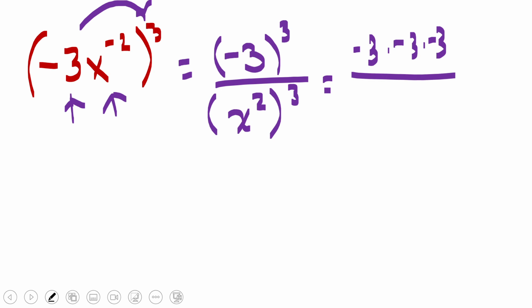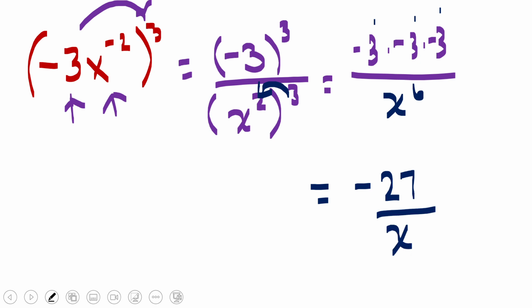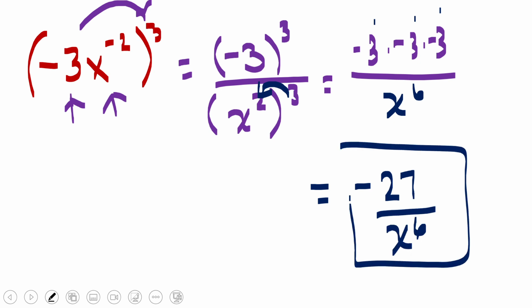But here, the property is that this 3 is multiplied by the exponent inside the parentheses set. So you have now x to the sixth power in the denominator, which all equals negative 3 times negative 3 is a positive 9, times a negative 3 is a negative 27 over x to the sixth power.